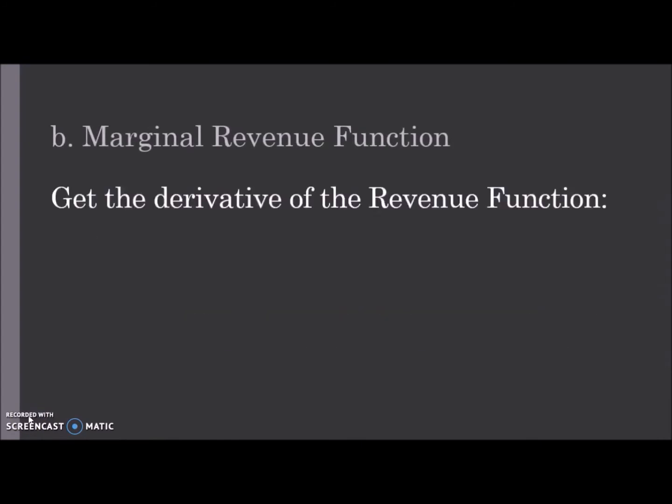And for the next one, we're going to find the marginal revenue function. We'll just simply get the derivative of the revenue function, which is the answer we got earlier. This is R(x) is equal to negative 0.02x squared plus 600x. So to get the derivative, we'll just apply the power rule.